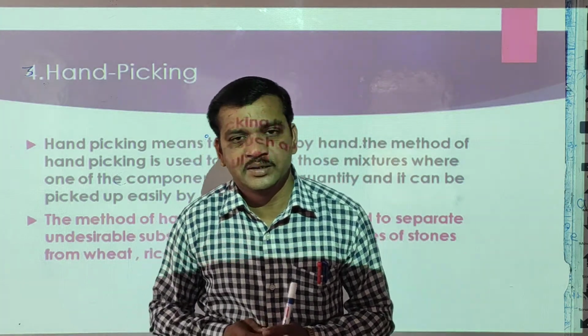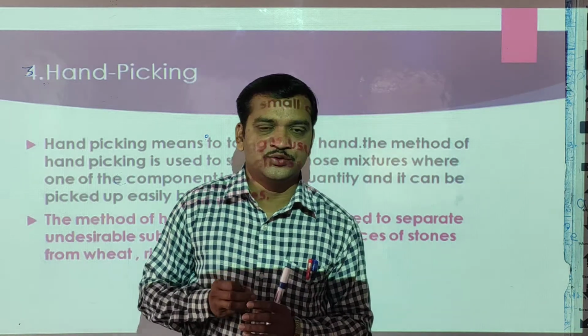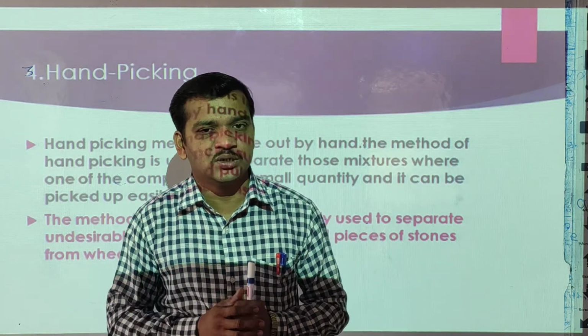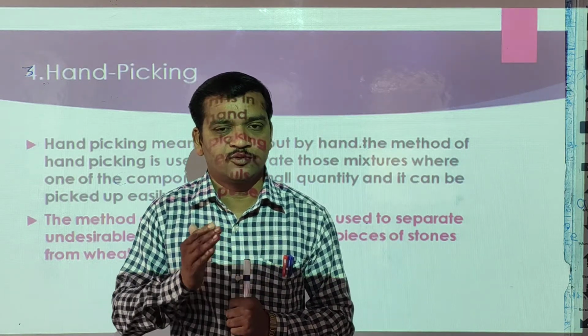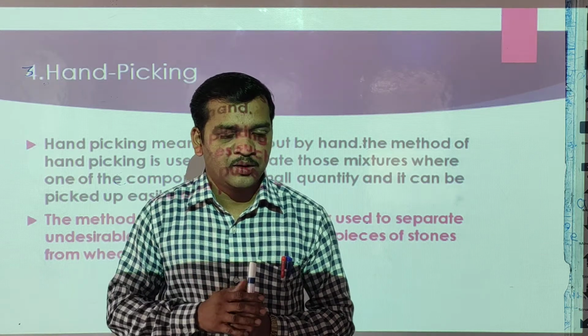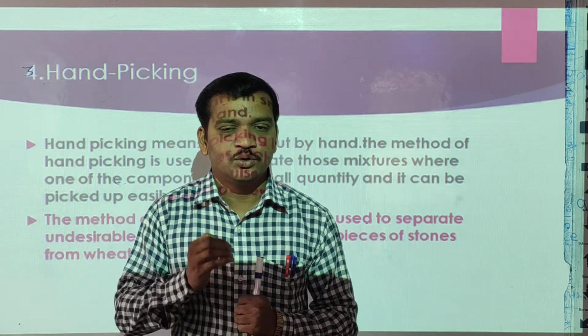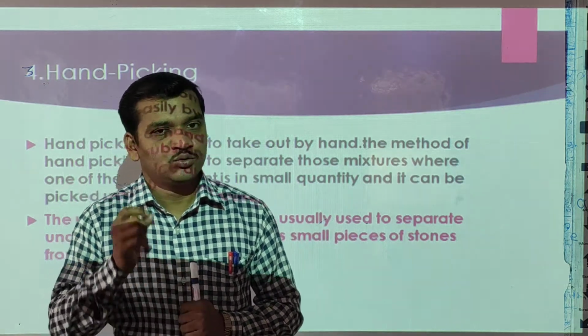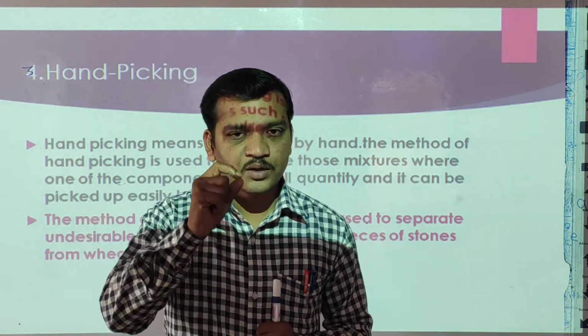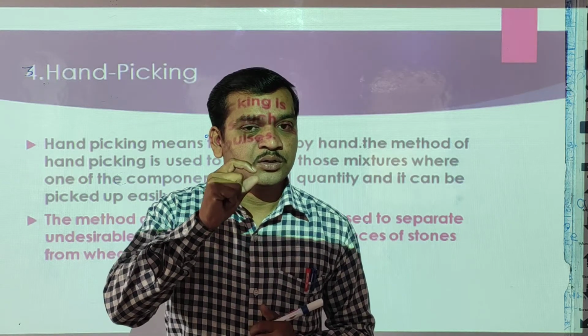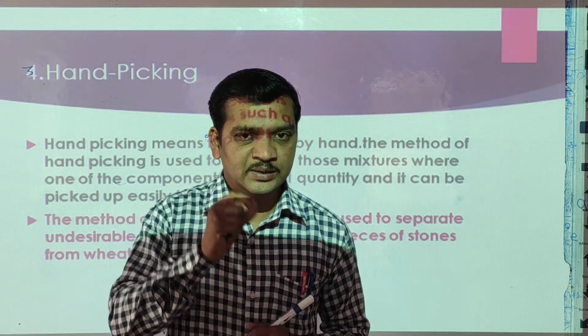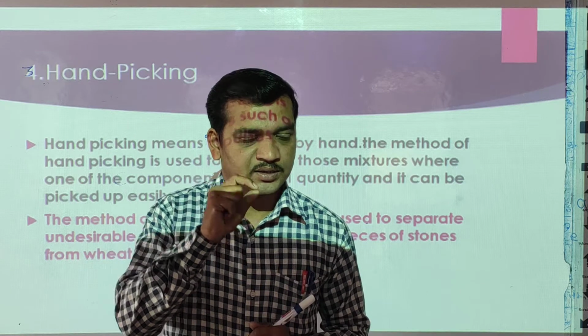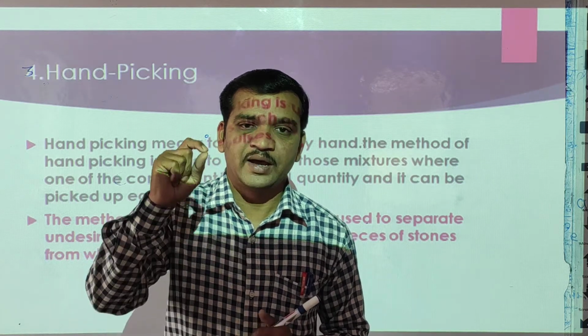Now the hand picking method is a common method which is used at home to remove the unwanted components from mixtures. For example, before cooking rice, your mother removes the stones and insects from the rice with the help of her hand.